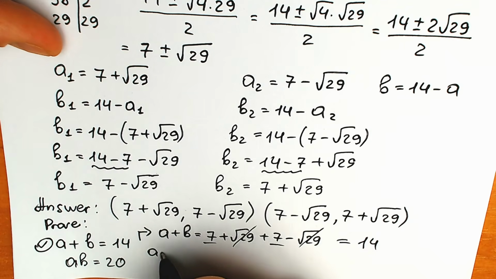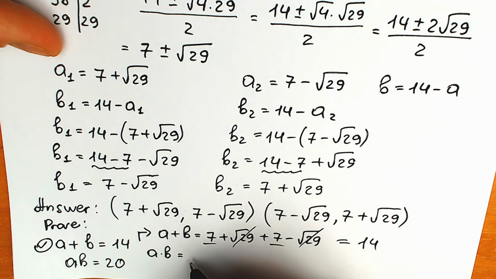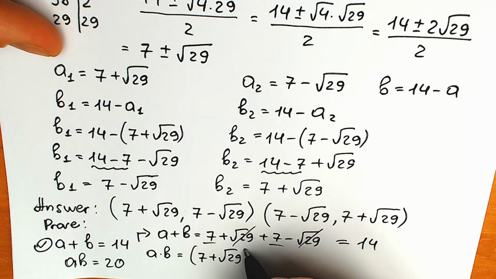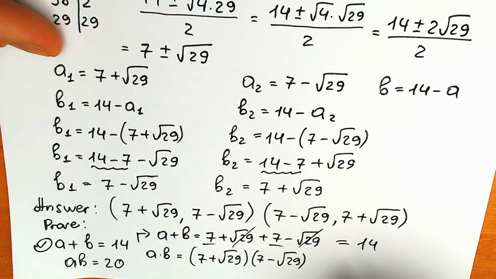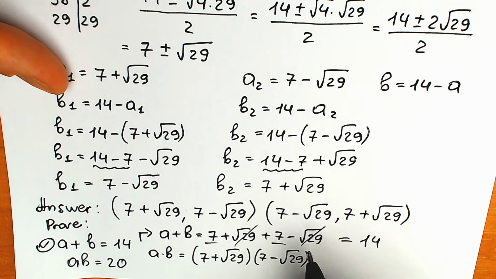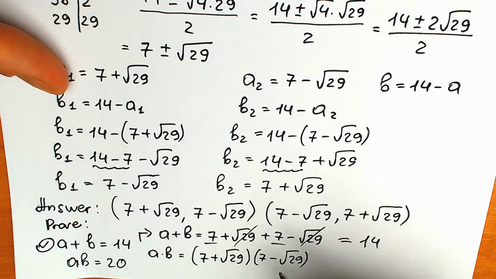And in the end, let's check real quick our multiplication. So a times b equal to (7 plus square root of 29) times (7 minus square root of 29). Of course you can multiply parentheses by parentheses, but right here we have a difference of squares. I hope you remember this formula from school: (x plus y)(x minus y) equals x square minus y square.